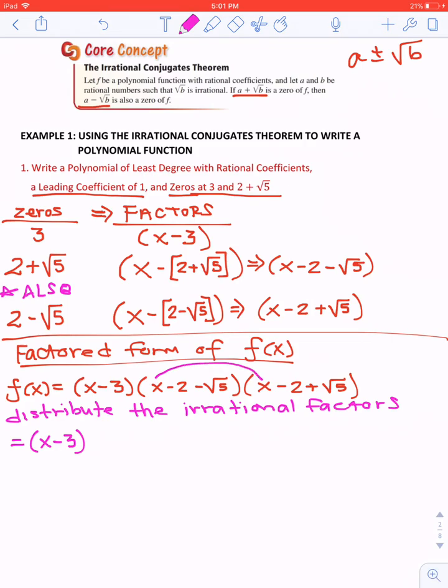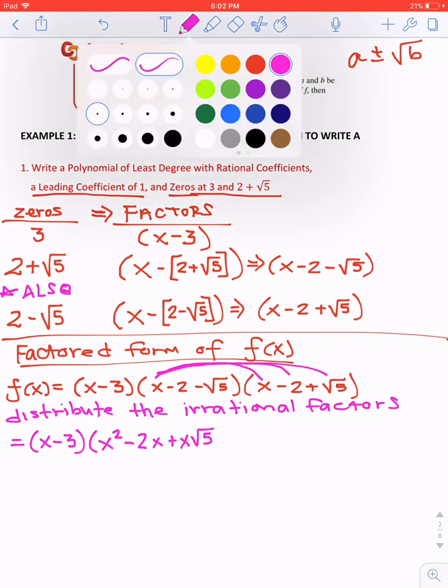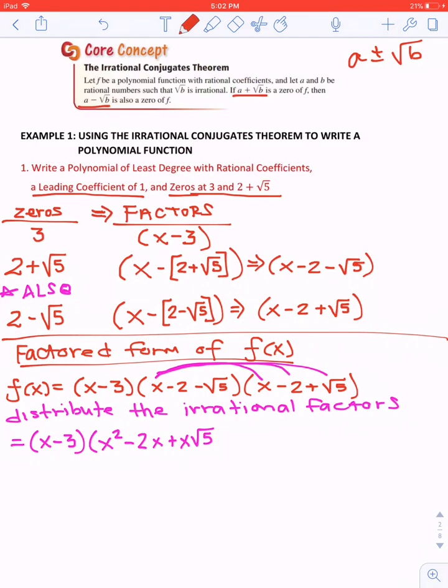So x times x is x squared. X times negative 2 is negative 2x. I need to take that x times root 5. So plus x root 5. Okay. Then I'm going to take that minus 2. Negative 2 times x is negative 2x.